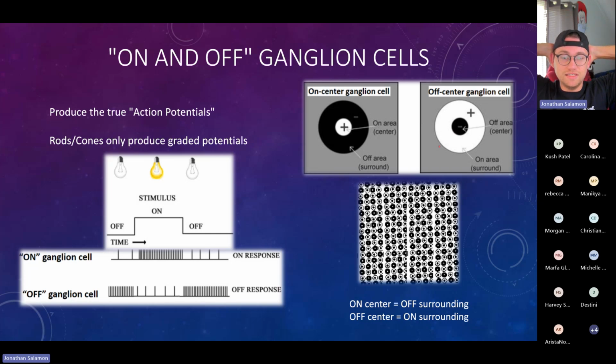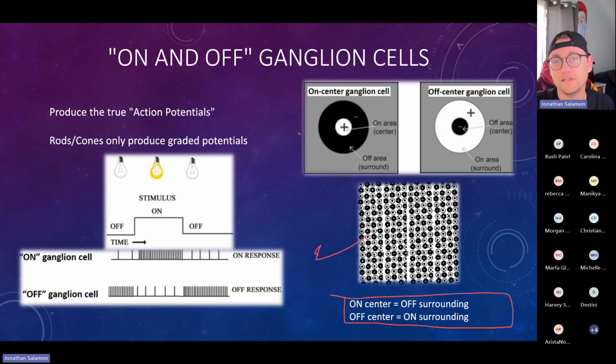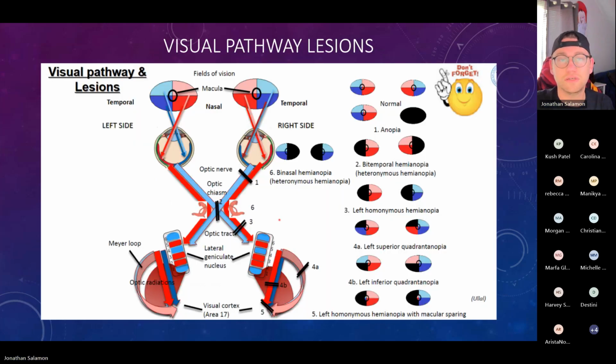The off cells, when exposed to light, decrease the frequency of action potentials that they're sending to the brain. The on cells, when they're exposed to light, increase the frequency of action potentials that they're sending to the brain. I hope that doesn't confuse. But yeah, it's really important to know that these exist also.